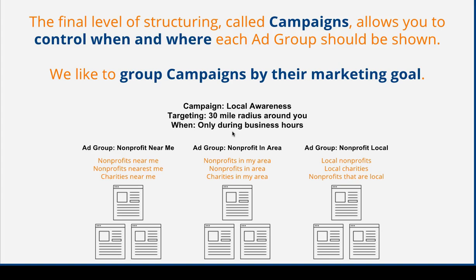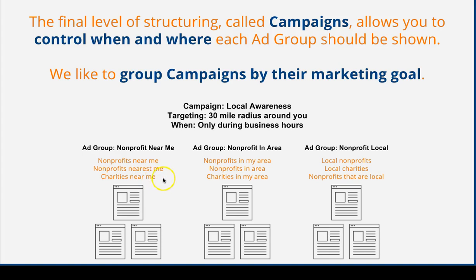Another thing that I want to point out is we can see these ad groups where they're clustered together based off of the relevance. So this one is nonprofit near me, and all the keywords in here say nonprofit near me. Now, this is kind of a trick in here, but we wouldn't actually want this charities near me in this ad group. We'd want to move it into its own ad group called charities near me.